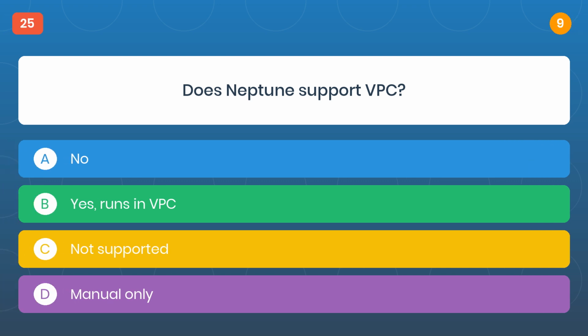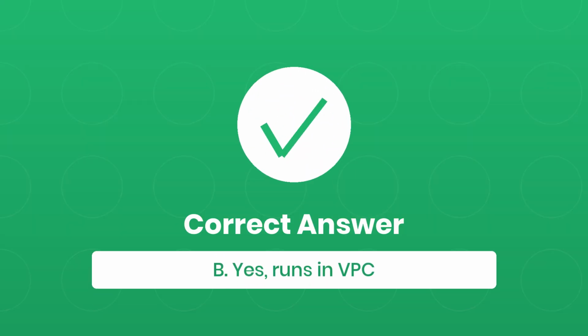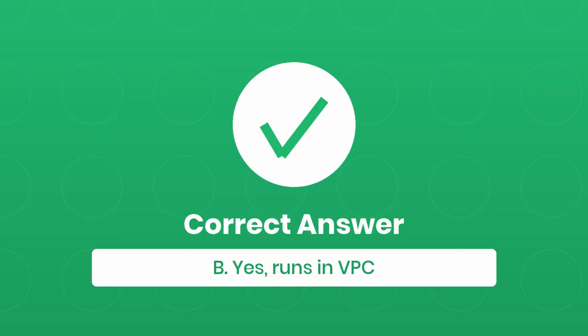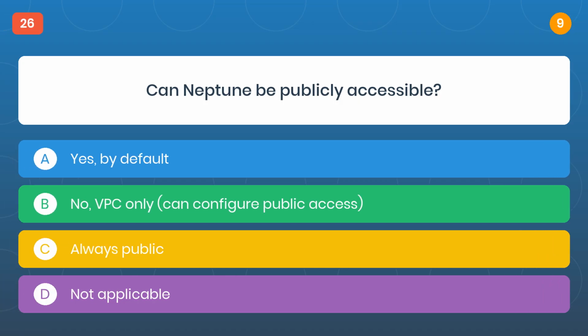Question 25. Does Neptune support VPC? The correct answer is B, yes, runs in VPC. Question 26. Can Neptune be publicly accessible?